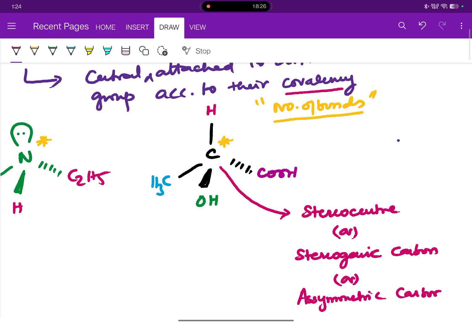Stereo center, stereogenic center, asymmetric carbon. Or you can even say chiral carbon.